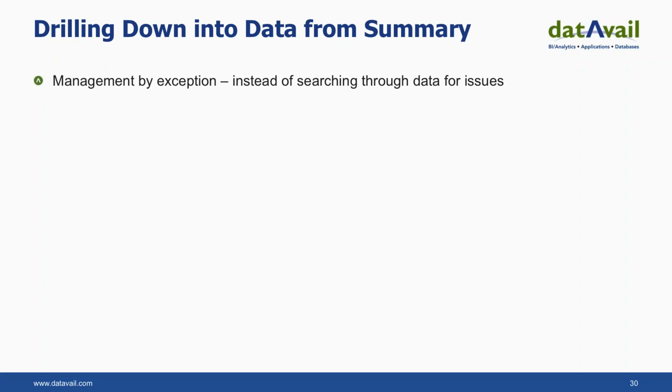Also, adding on to the importance of an enterprise data warehouse is the idea of summarizing the data, aggregating the data, drilling down into the data. One of the more important things is managing by exception.